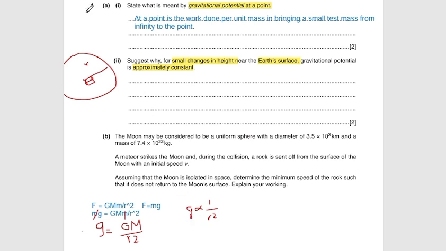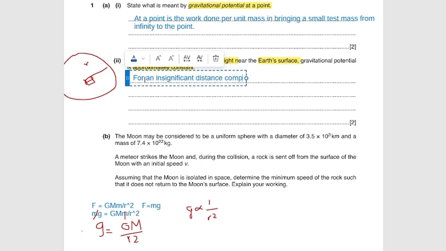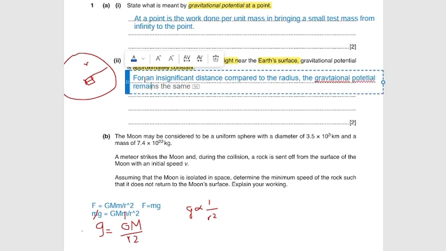So we will say for an insignificant height compared to the radius, the gravitational potential remains relatively constant.